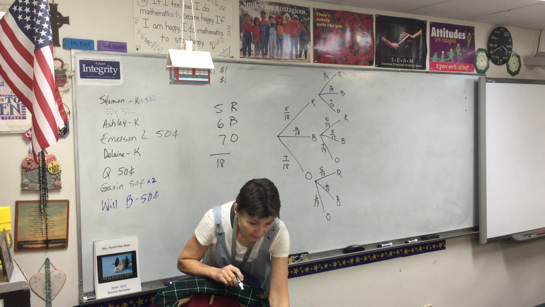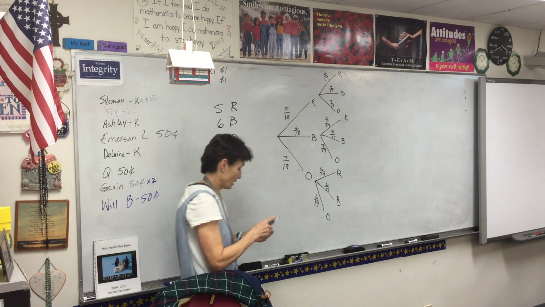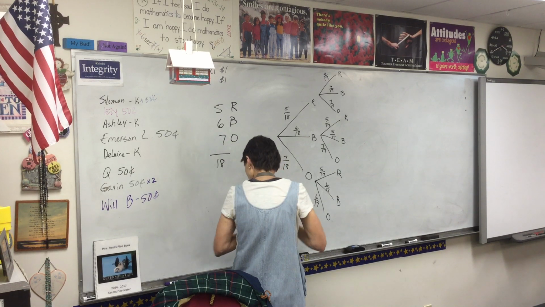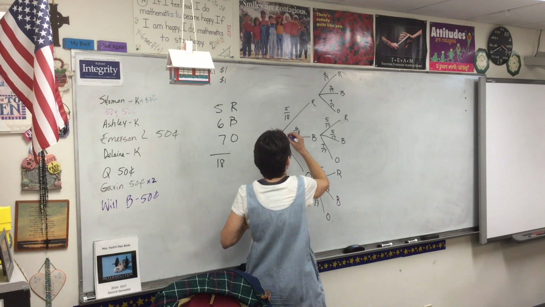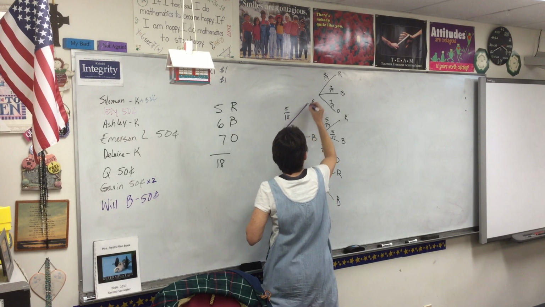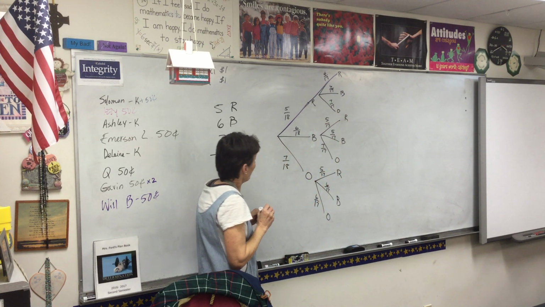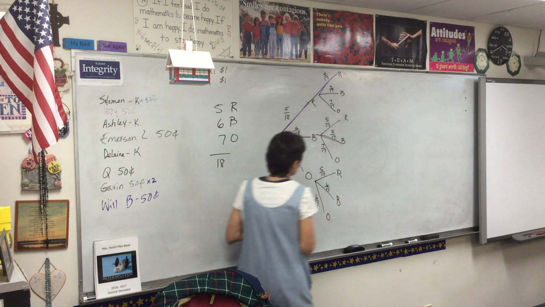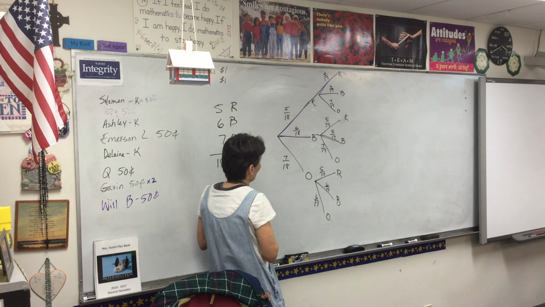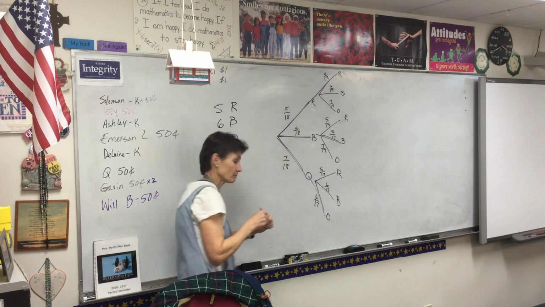We want to get the same color. So if we want to get the same color, that means we want red, red. Would you agree with that? Or we could get blue, blue. Or we could get orange, orange.